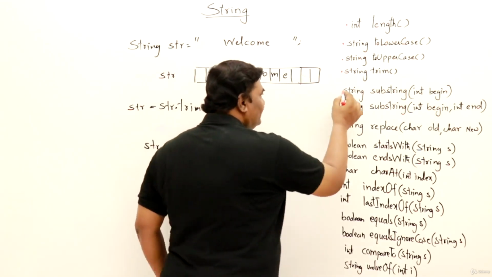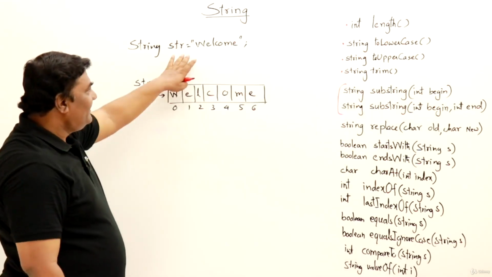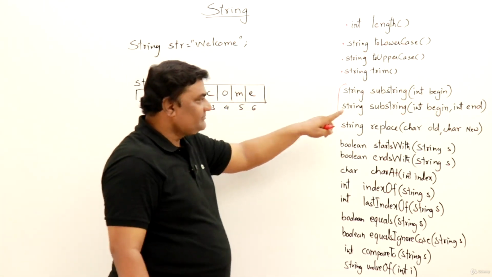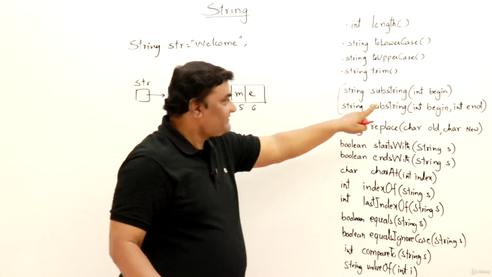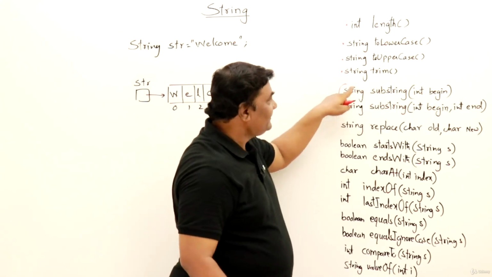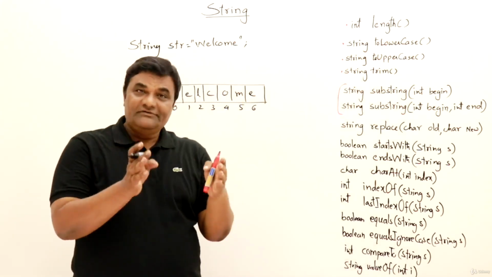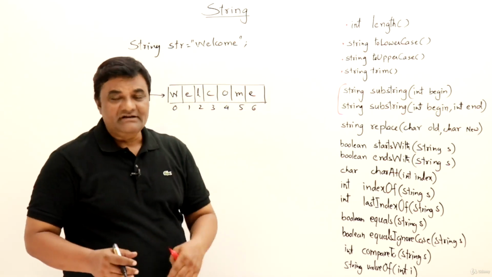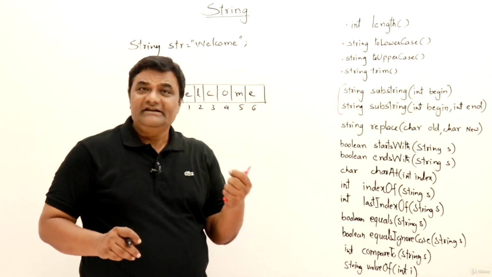Now let us look at this function, that is substring. For substring, I have taken this string. Substring will give you a part of a string, returning a new string, like the others were returning a new string. In it we have to mention the beginning index.